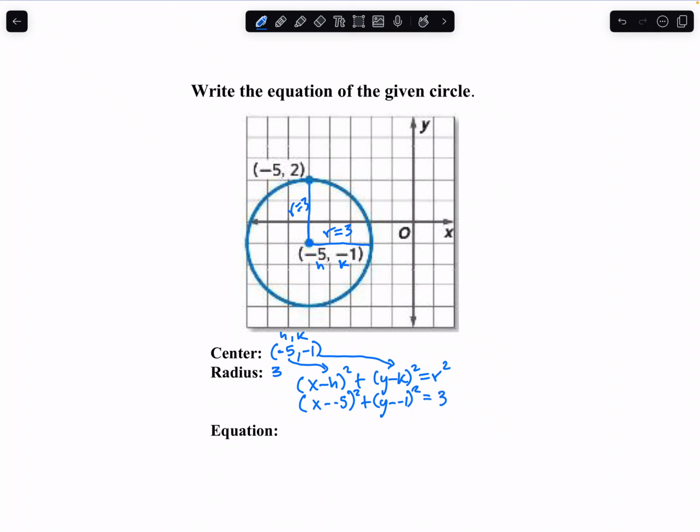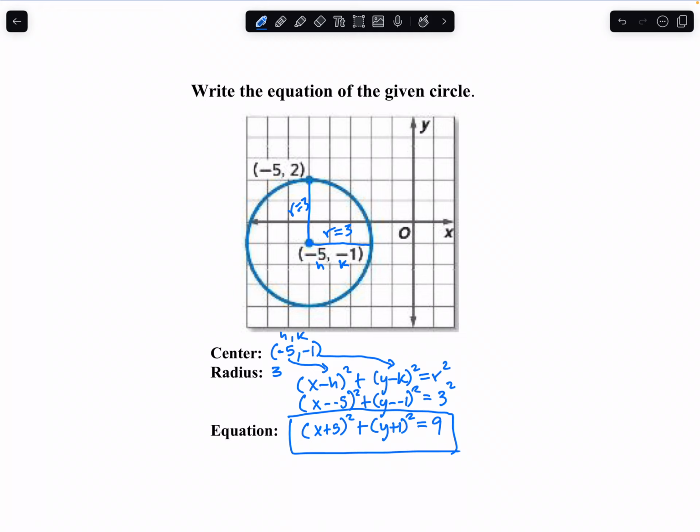And then the radius squared. The radius won't always be 3. It's just easier to draw a smaller circle than a big circle on the graph. So this minus and negative should change to x plus 5 and y plus 1 equals 9. There's our equation. So given the picture, we found the equation.